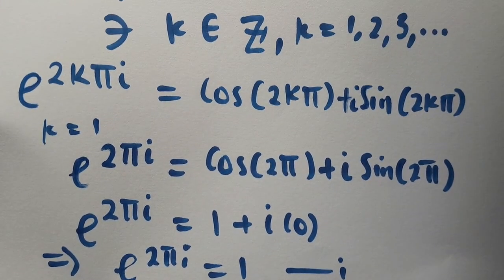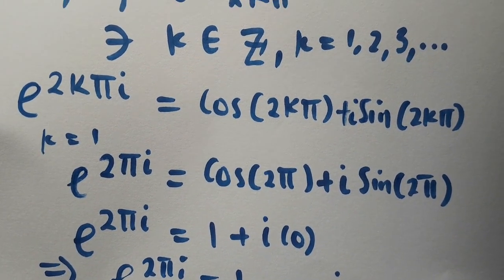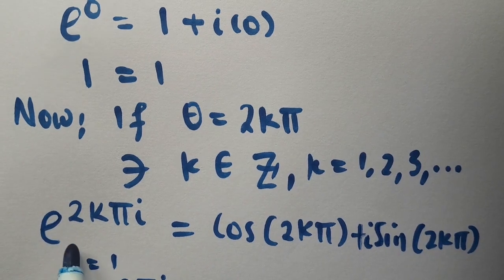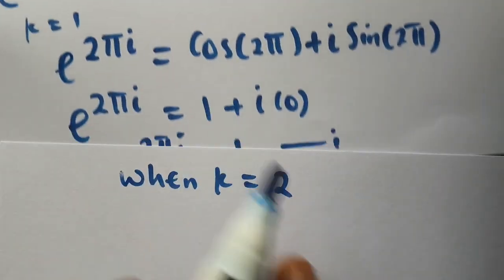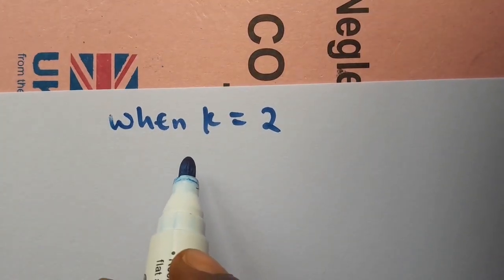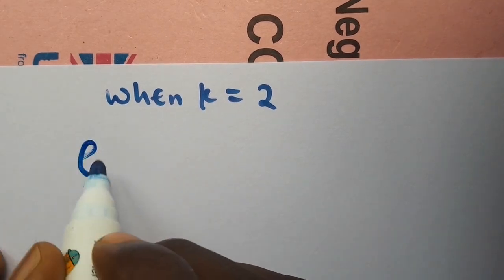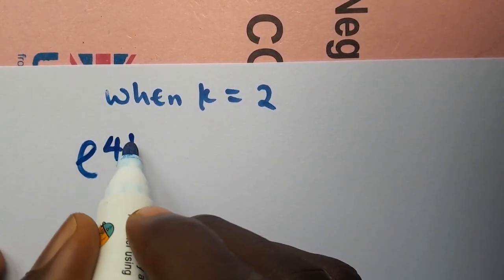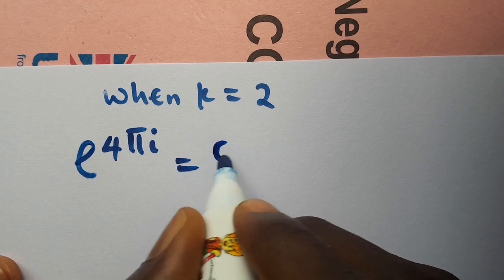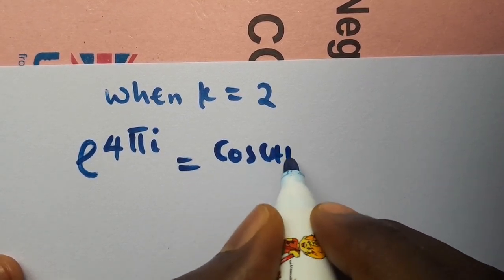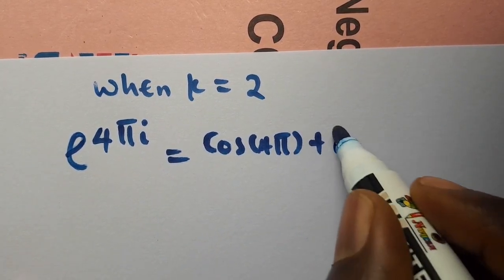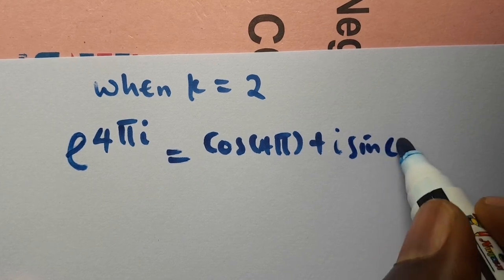Also, when k equals 2, let's see what will happen. We are going to have e to the power of 4 pi i equals cos 4 pi plus i sine 4 pi.